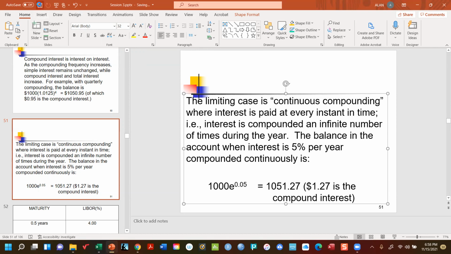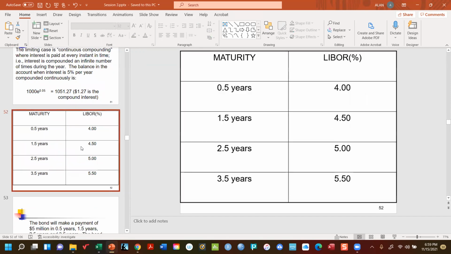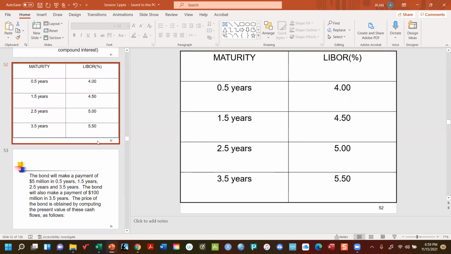So this is no exception because we're going to see that the interest rates we're given, the LIBOR rates, are assumed to be continuously compounded. So what this chart is telling me is that the 6-month LIBOR rate is currently 4%.